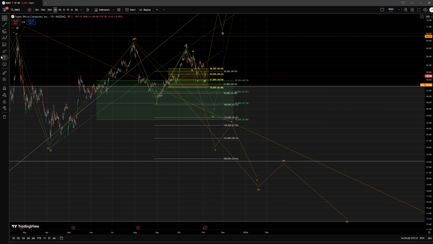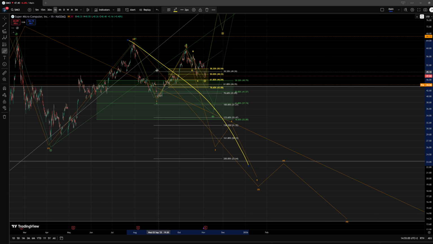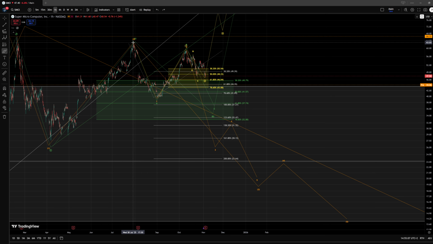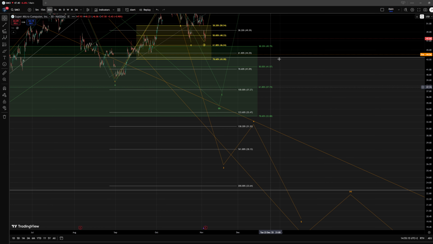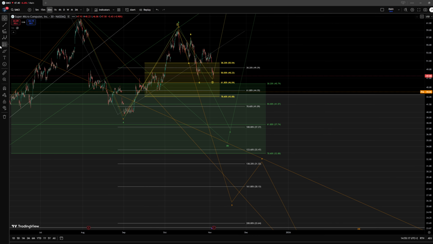But even a wave A could unfold itself as an impulse, especially since we have an initial 5-wave structure possibly complete here to the downside. In that case, the ideal target would be the 138.2% extension, the $31.3 level instead, which is below the larger area of support in the green interpretation.